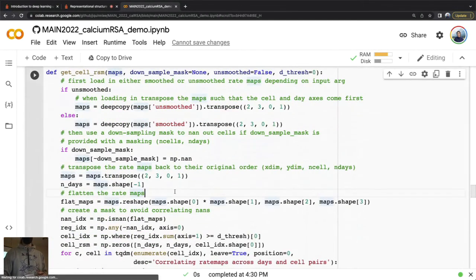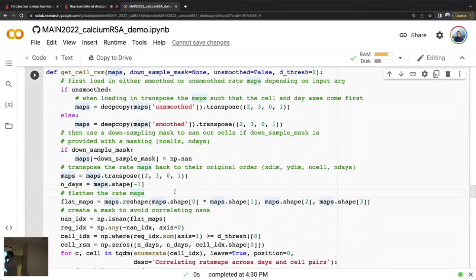So let's do it. I did not task you with writing this function because there are some fail points, but you can look through this in more detail later. This is a function I've written that will build this rate map comparison matrix cell by cell for all the neurons that we've recorded. I called it get cell RSM. You can handle whether it's taking smoothed or unsmoothed rate maps.